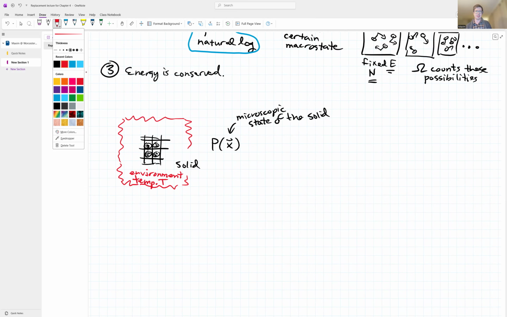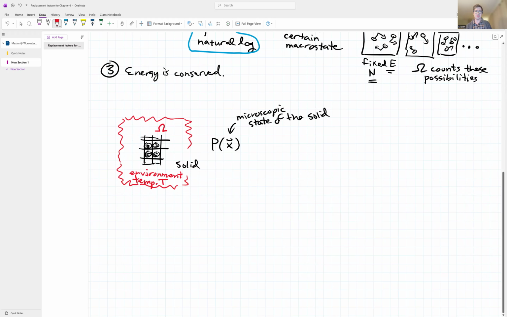So there's lots and lots of configurations, which we'll call omega sub R, or maybe omega sub E is better, E for environment. Sometimes it's R because R means reservoir, and the environment is like a temperature reservoir, but this is omega E. That's the number of microstates of the environment. So what the probability has to be is the number of microstates of the environment consistent with the microstate of the solid.